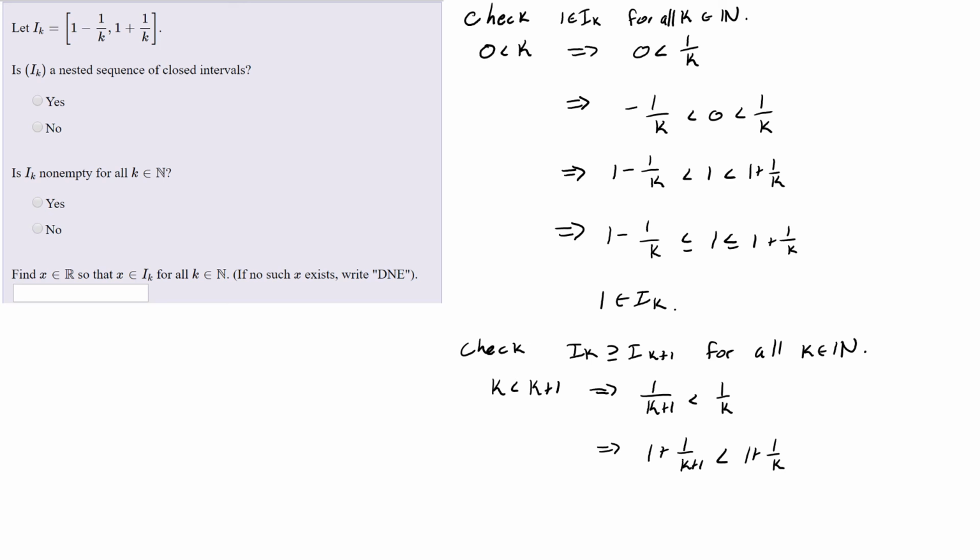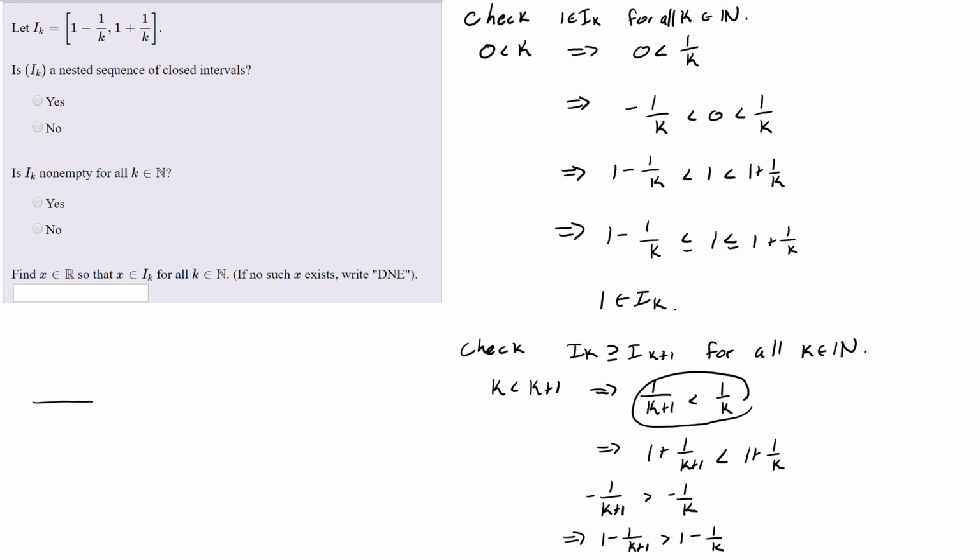Similarly, by starting from this inequality, multiplying both sides by negative 1, we're going to get that negative 1 over k plus 1 is greater than negative 1 over k. And then we can add 1 to both sides. So this tells us that 1 minus 1 over k plus 1 is greater than 1 minus 1 over k.